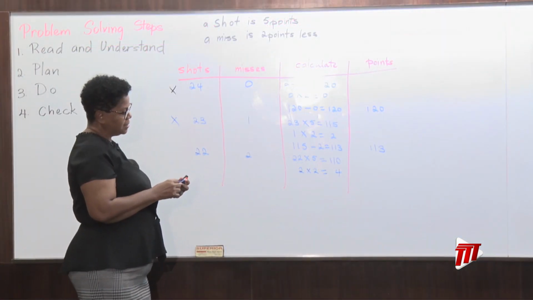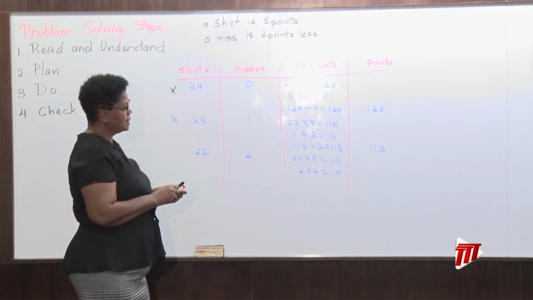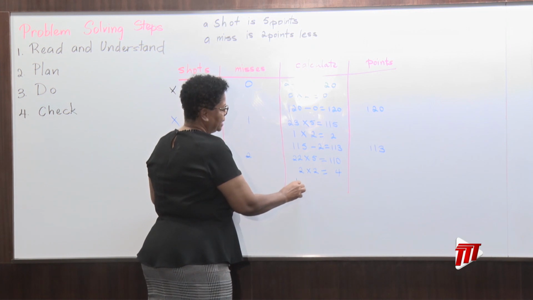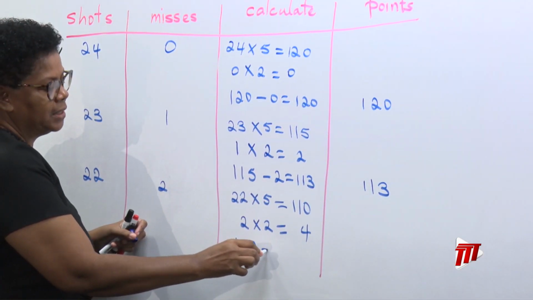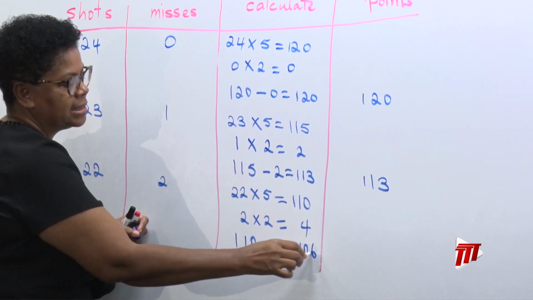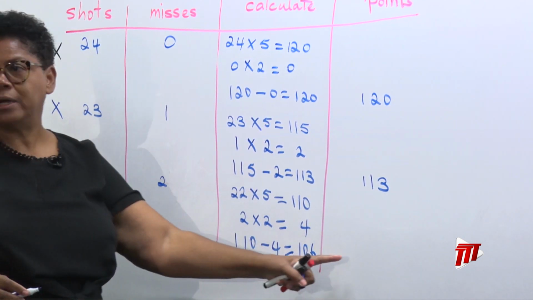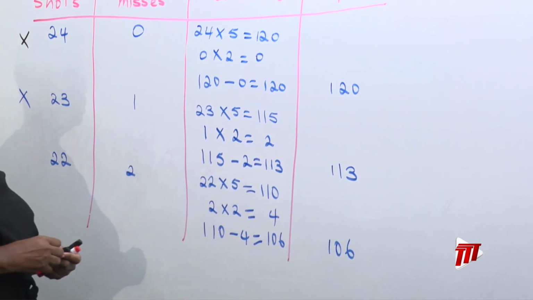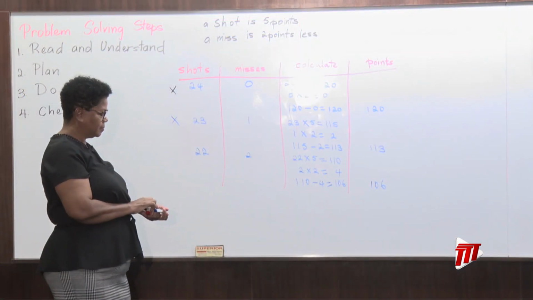But as we look at this, 110 take away 4 is 106. So her points would be 106. And she did not make 106 points.